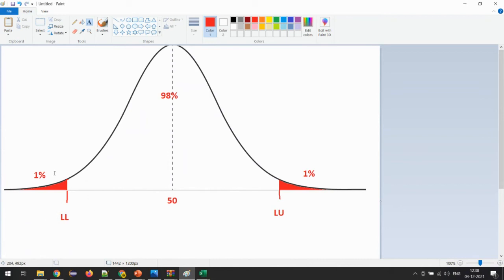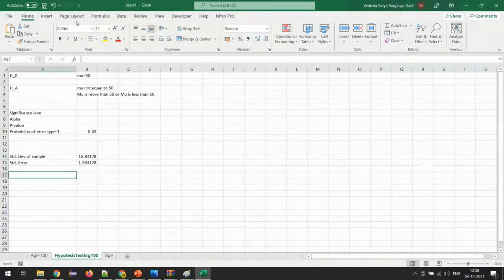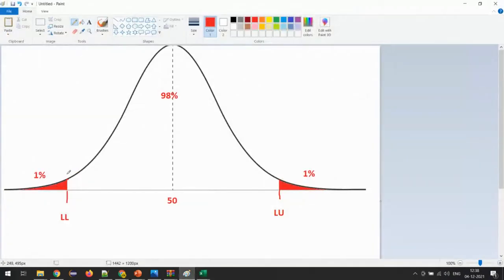Okay, when we take the inverse in Excel, it is doing the inverse of the cumulative distribution function, right? So what we are saying is we want to know the cumulative probability. The cumulative probability here is 1%, and here it is 99%. Why? Because you have to add all the area on the left side.